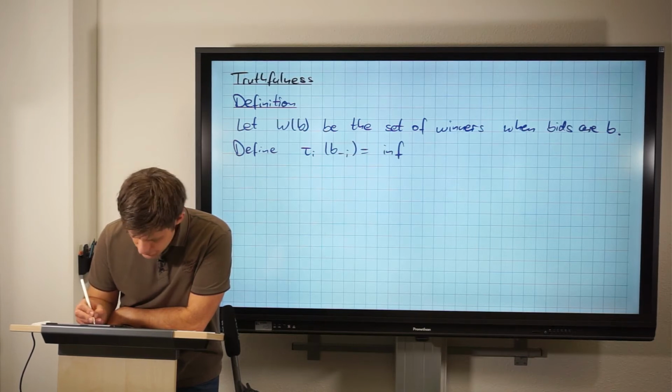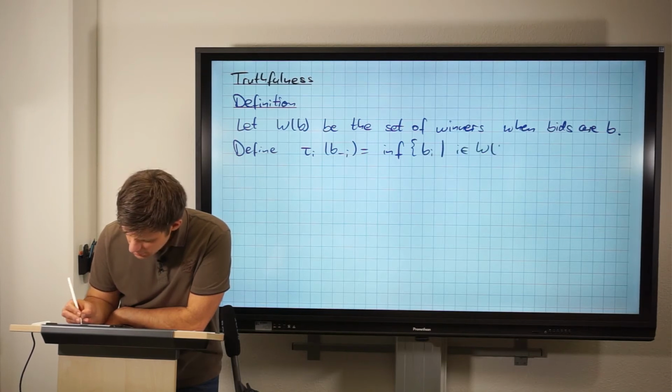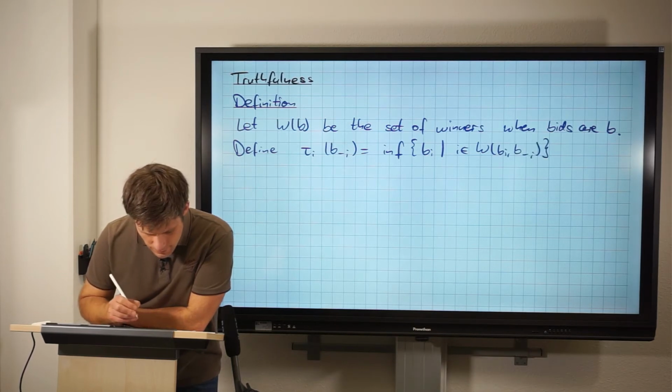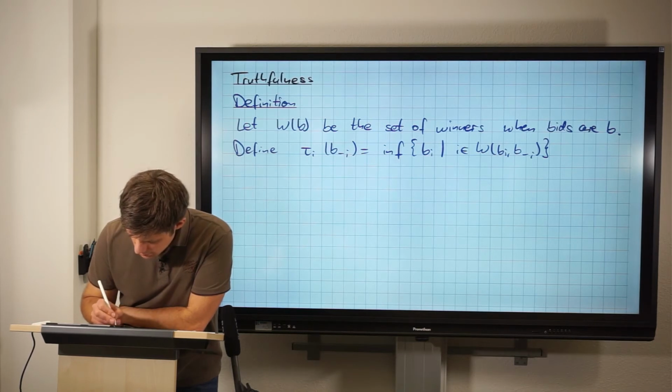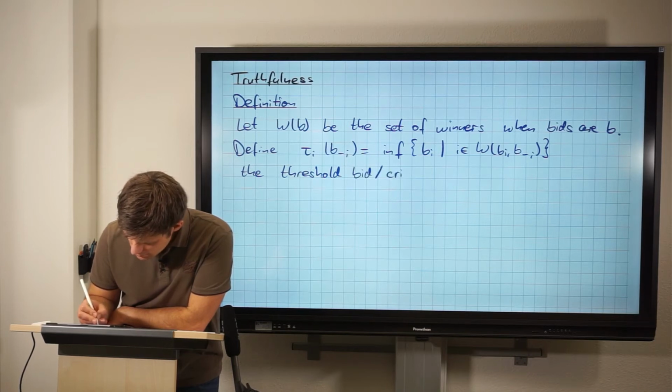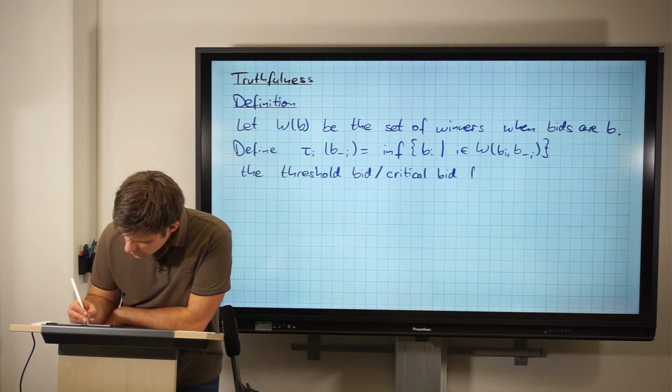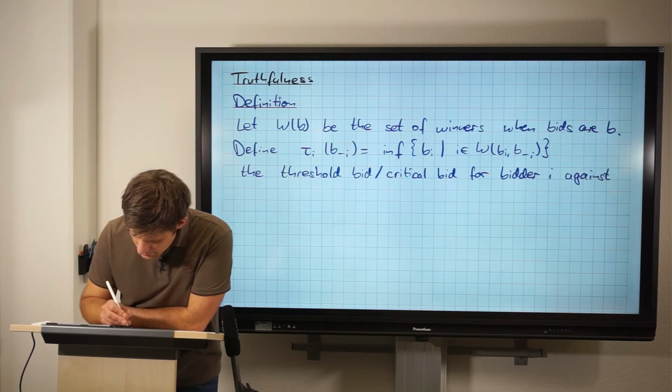Take the infimum of all b_i such that i is in W of (b_i, B minus i). And this is what we call the threshold bid or the critical bid for bidder i against B minus i.